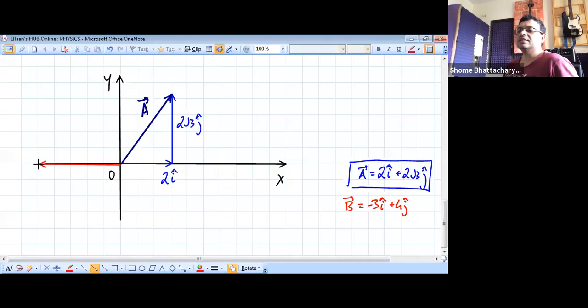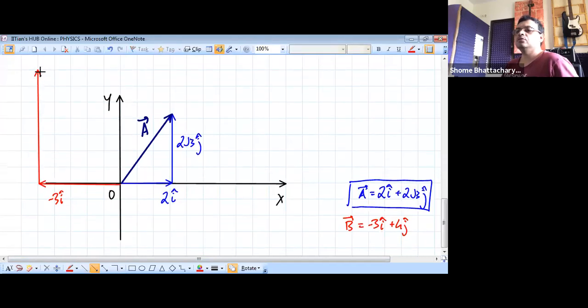I'm not drawing to exact scale, okay, but this is minus 3 i cap and 4 j cap. From here we draw a vertical vector of magnitude 4 units. That would be this, okay.